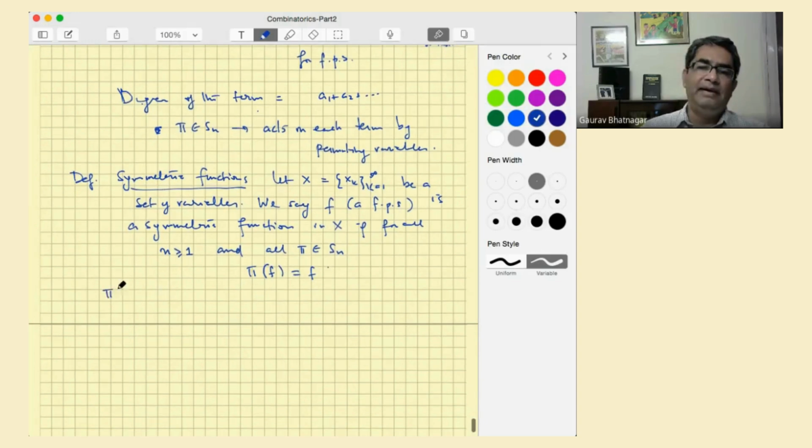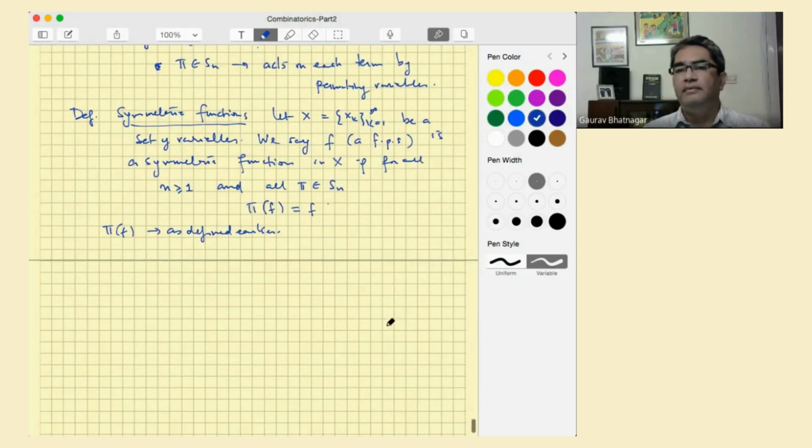And again, pi of f is as defined earlier. So it's a symmetric function if for all n and all pi, it's symmetric.